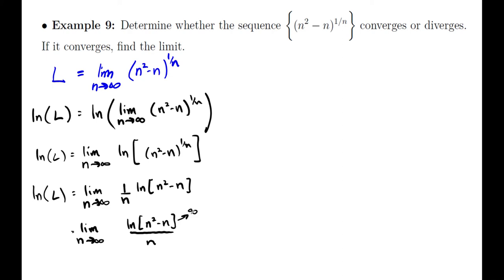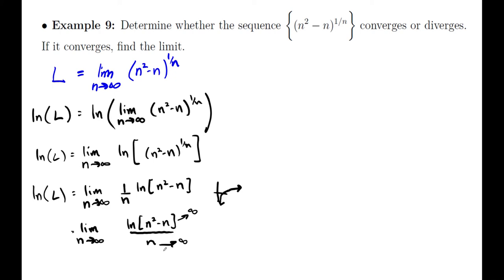This goes to infinity. Even though the natural log is a nice slow growing function, it's still a growing function. It'll attain any y value we need it to if we let it go out far enough. And then as n goes to infinity, guess what? The bottom goes to infinity.